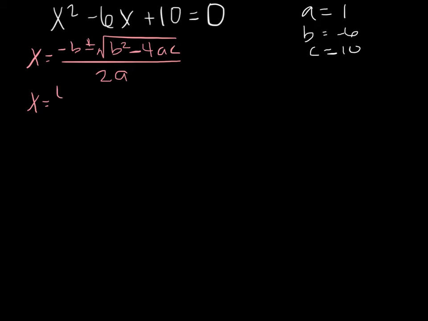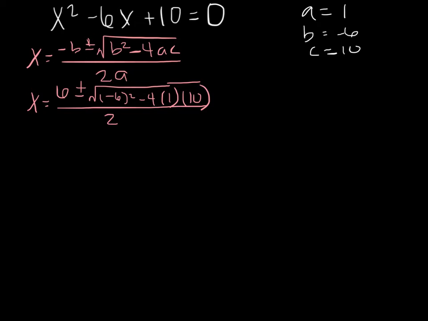So we get 6 plus or minus square root of negative 6 squared minus 4. A is 1. C is 10. Okay, all over 2 times a. A is 1. Okay, let's continue our simplification.